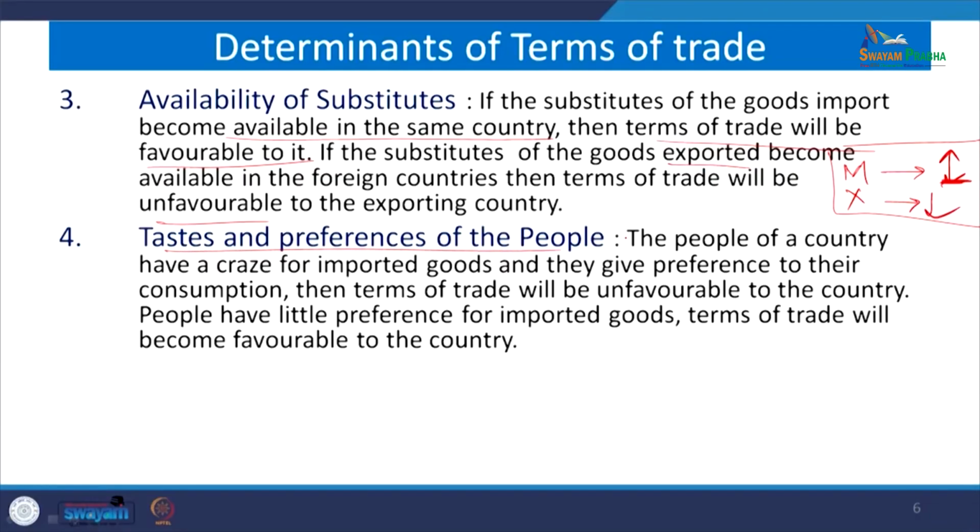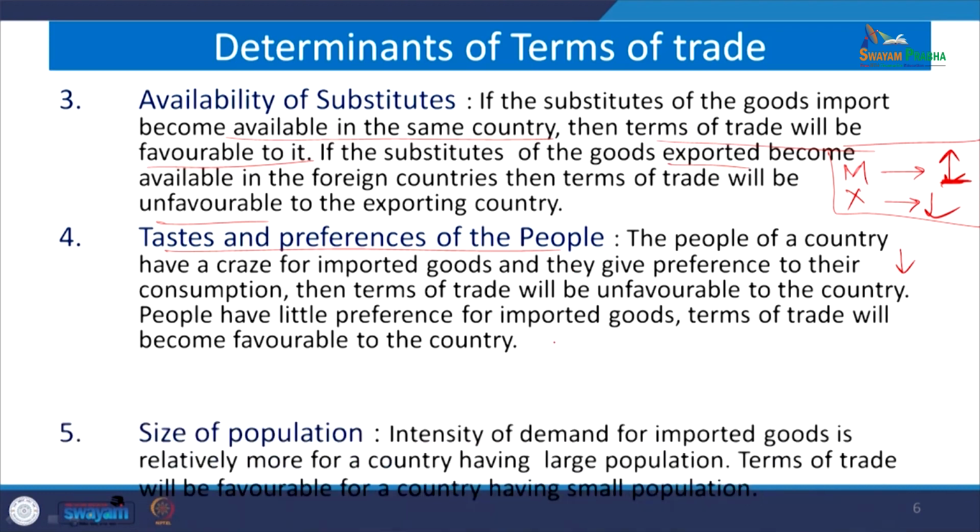So, it will disfavor our terms of trade, because we have a strong taste and preference for a specific product. Now, if people have little preference for imported goods, then it will be favorable for sure. So, these are the factors.